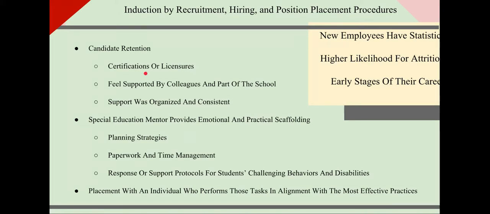And they should feel supported by our colleagues and made to feel a part of the school. So when we create these groups, we'll have a little bit better candidate retention, especially when we're finding ways to give them that support in an organized and consistent manner, financial support for academic goals, personal goals.